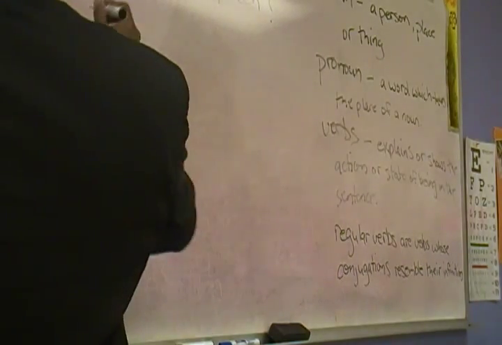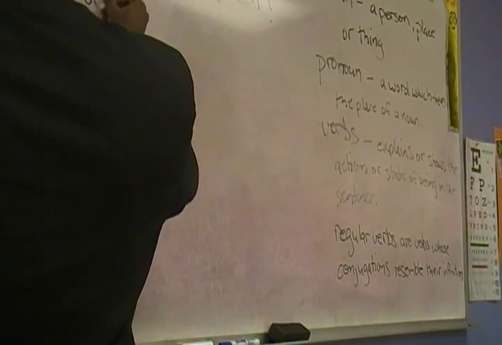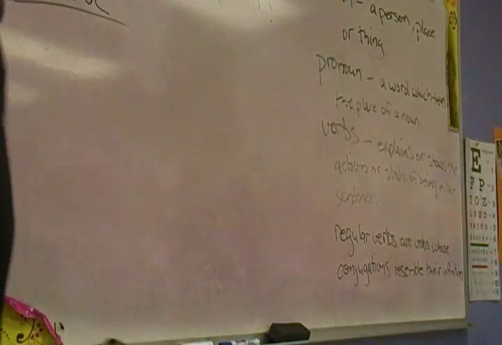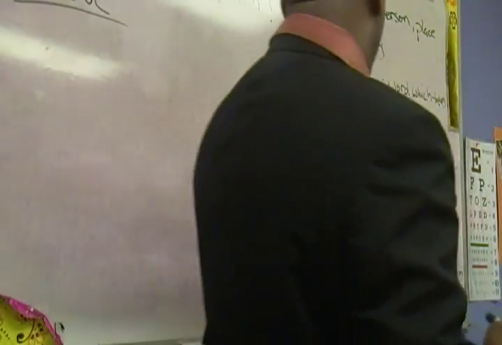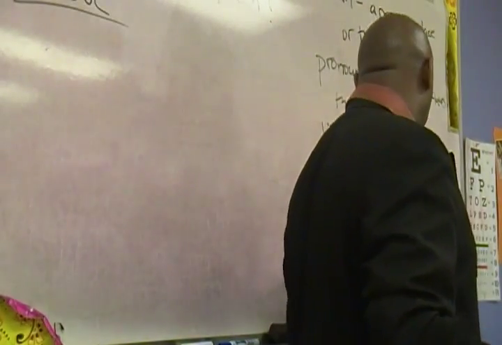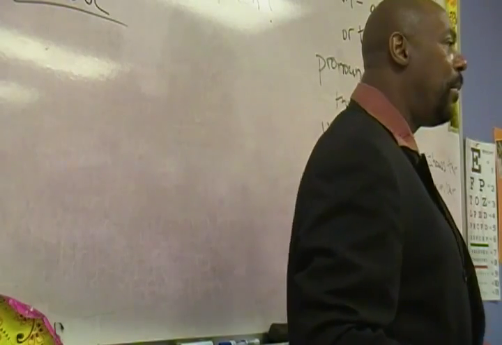So let's talk about "to love." I want to conjugate that. This is a regular verb, because look what it says. Regular verbs are verbs whose conjugations resemble the infinitive. So once I conjugate this verb, all of these conjugations should look like love.